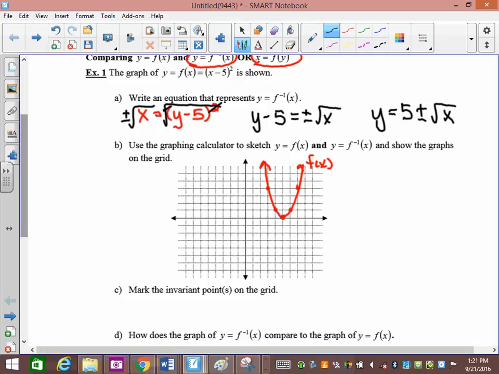Put in 5 plus root x, 5 minus root x. And then your y3, put in the original, y equals (x minus 5) squared. And maybe make it thicker, right? If you go to the far left and hit enter, you can make it a thicker graph, like we did.